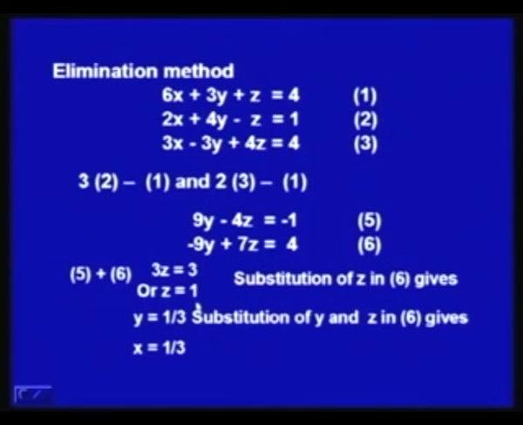In fact, substitution of y and z in 6 will be satisfied automatically, but when we substitute these values of y and z in equation 1, we will get x = 1 by 3. So, this system of equations is solved.